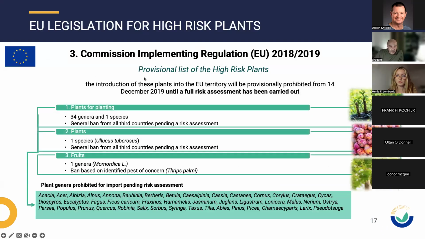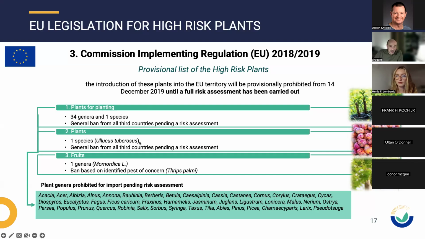Here you can see the list of plants or plant products. At the origin, there were 34 genera and 1 species of plants for planting. So the majority were plants for planting that have been regulated. Then there was one plant in the form of reproductive material, in the form of tubers.